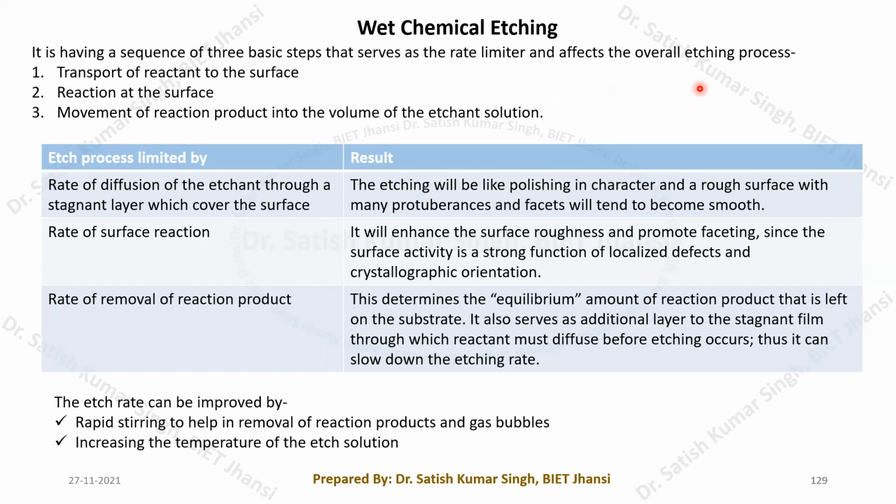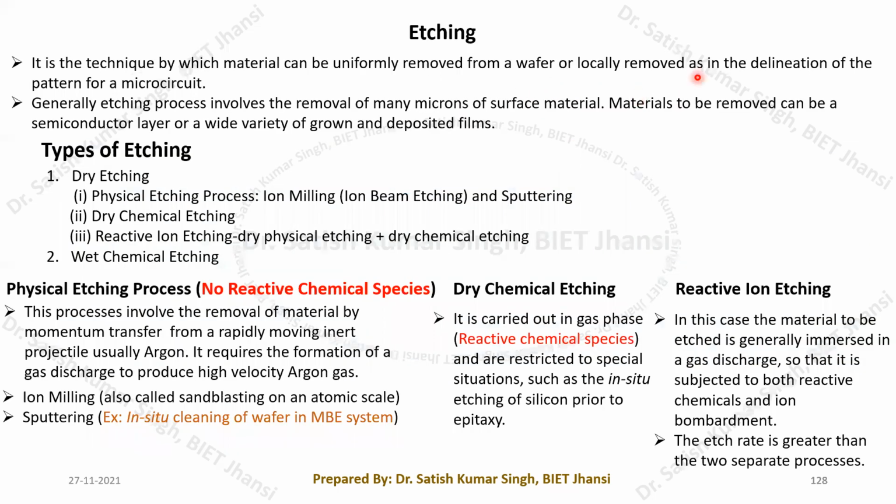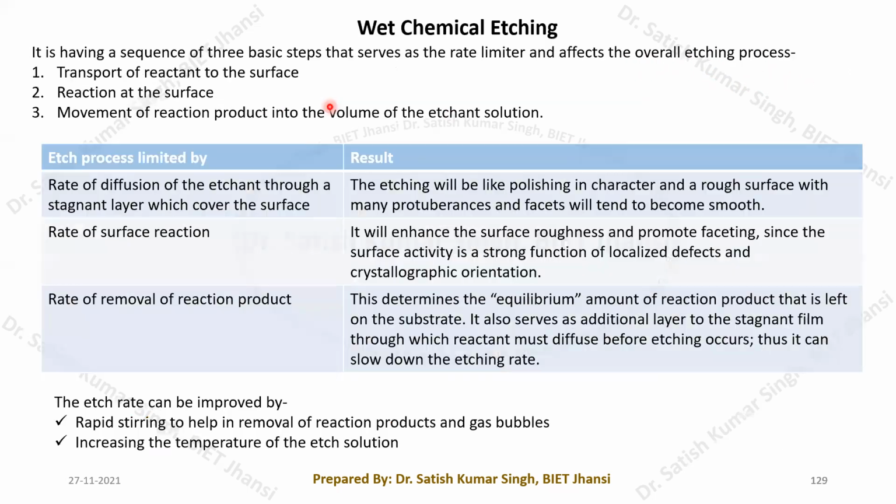While fabricating the devices, we have to remove the layers based on selective reasons. As you can see here, it is written that it can be locally removed, as in the case of delineation. Basically we have to make the pattern, we have to transfer the pattern for making the microcircuits, right? So selectively we can remove.